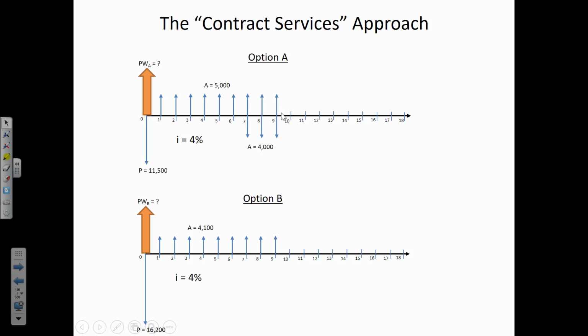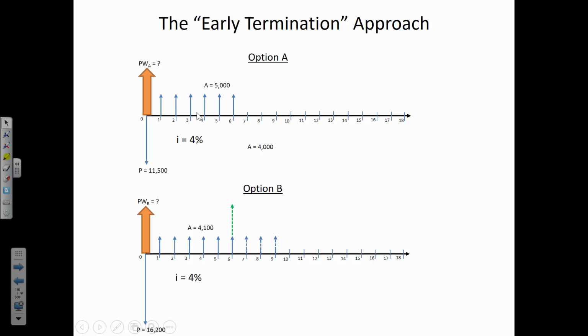Contract services says, make the short item longer. And then the early termination approach says, take the item that lasts longer and somehow terminate its useful life early. And that doesn't mean just like drive it into the river and walk away. It means take the item that still has some useful life and sell it on the open market. And so find someone to purchase it.